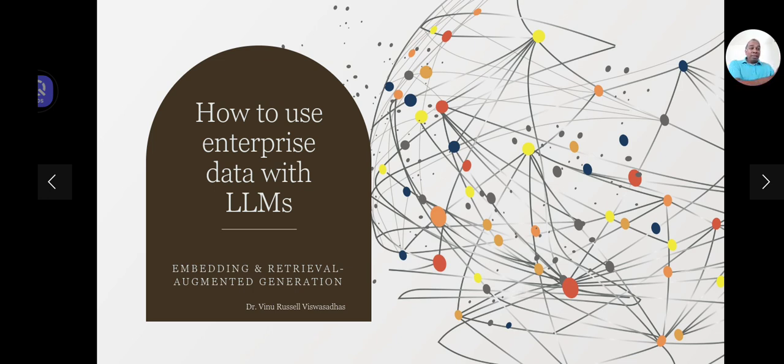What I mean by that is it's about the knowledge base that's available on the internet or in open systems. These models have been trained on that knowledge and they can share some information. But let's say you want the language model to access your company's data.